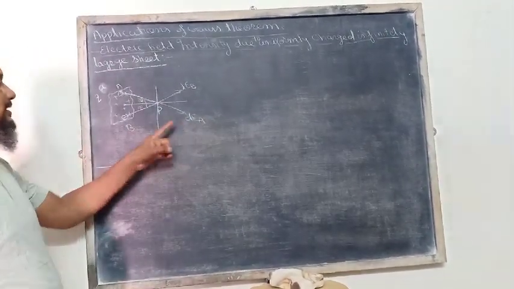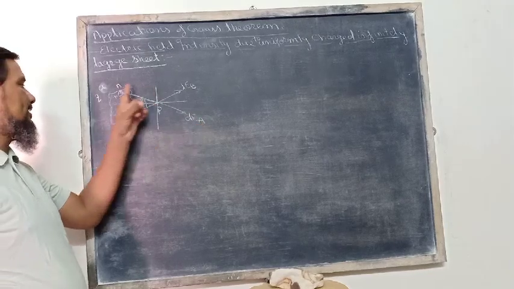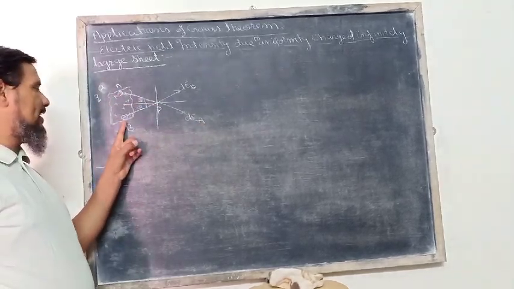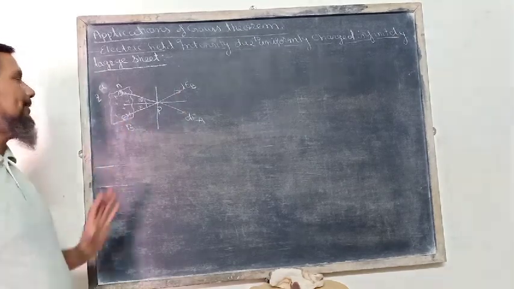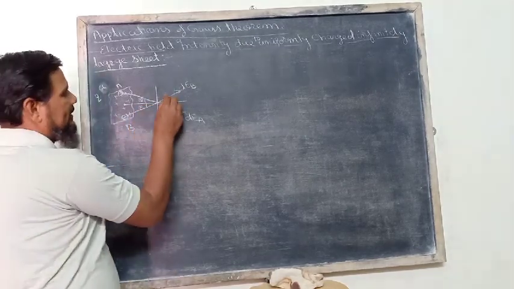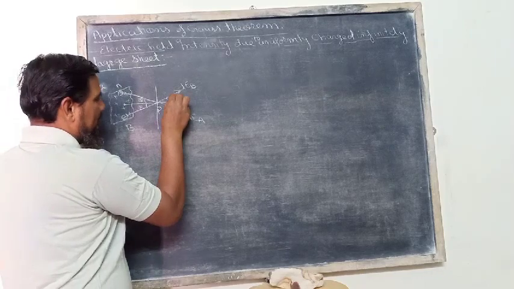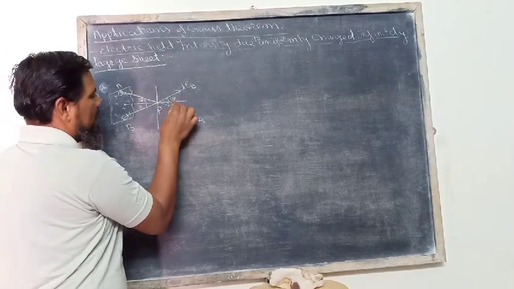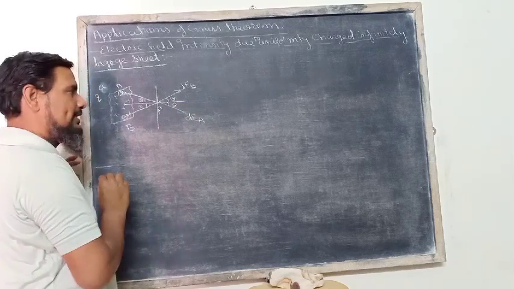The direction of electric field intensity due to element area A and due to element area B: if this angle is theta, then this angle will also be theta, because of vertically opposite angles.